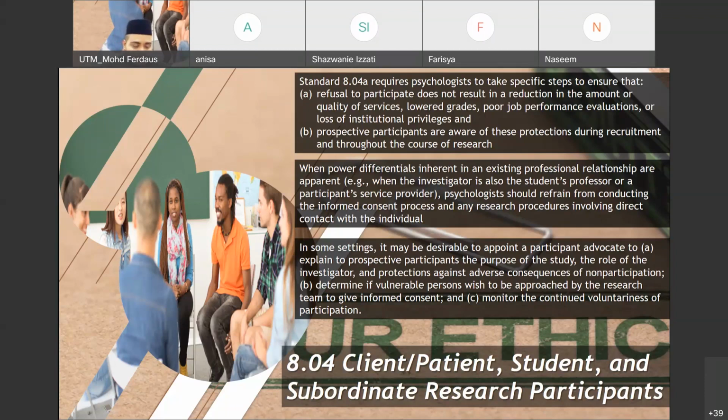If you are the boss, you want your employees, your subordinates, to join the research, you are not supposed to be the one who asks for informed consent. You need to ask another person. Why? If I ask personally, then you are going to have some hesitation. You are not sure.